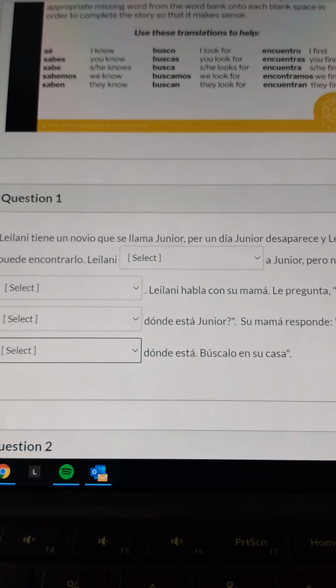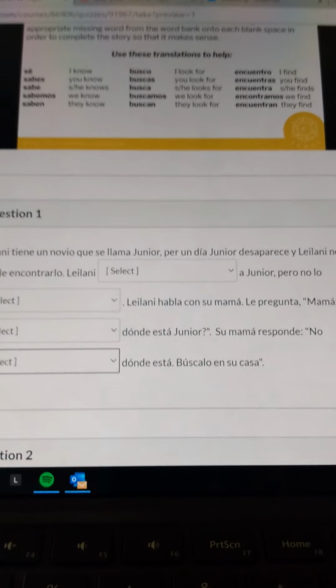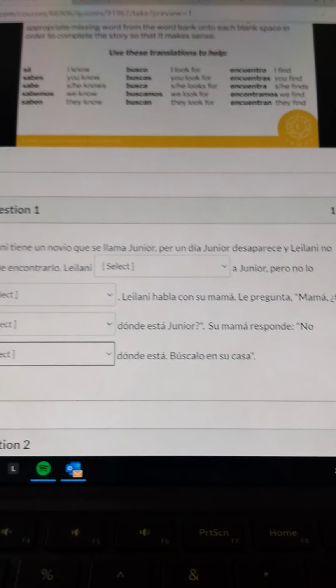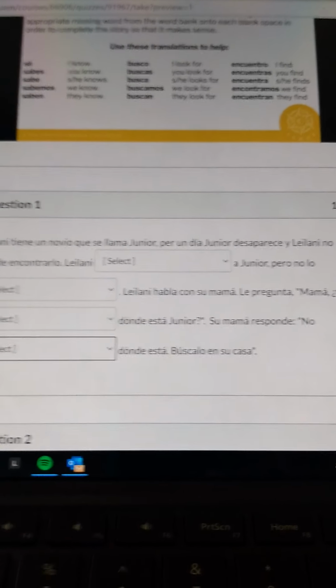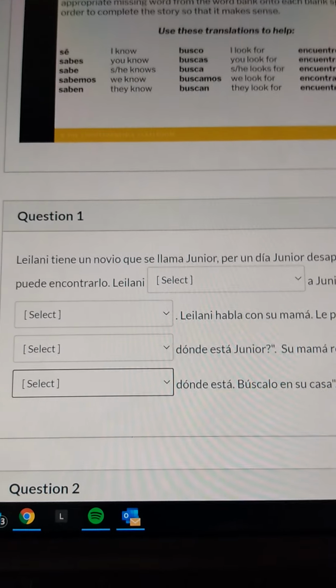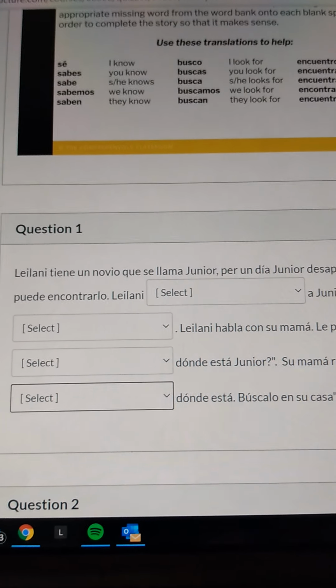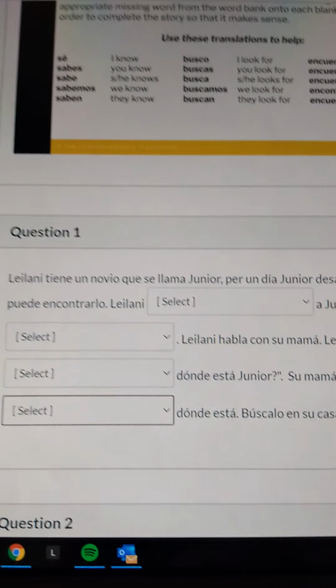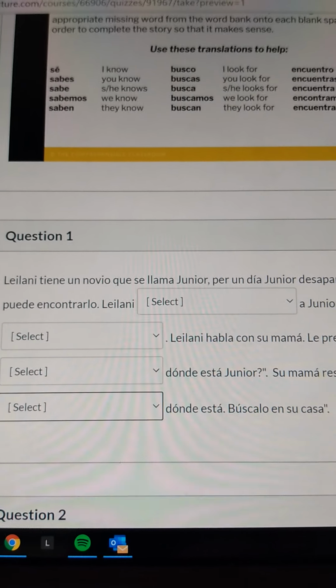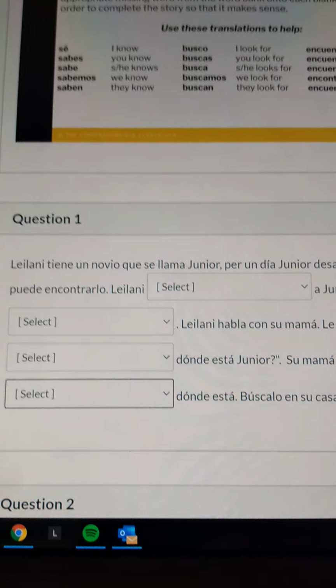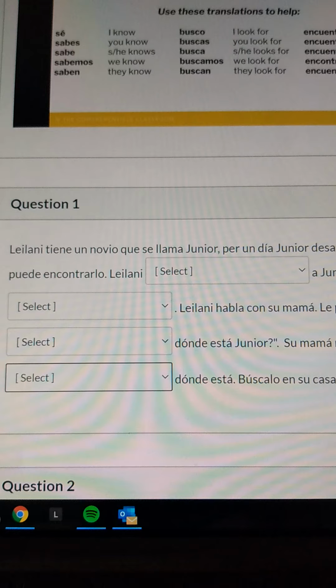Pero, there's an O missing there. Pero un día, one day, Junior desaparece. He disappears. Y Leilani no puede encontrarlo. She cannot find him. The lo refers back to Junior, to him. It can also mean it, but in this case it's him.